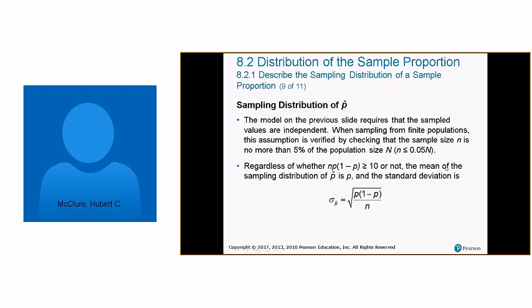Okay? The mean of the sample distribution and standard deviation is this. So write that down. The standard deviation of p hat equals the square root of pq over n. You're going to see that again. So you might want to write that one down. Square root of pq over n, pq over n.